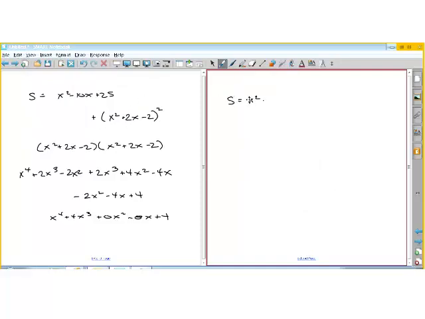So we have x squared minus 10x plus 25 plus this part, which is plus x to the 4th plus 4x cubed minus 8x plus 4. And then we simplify it by combining like terms.